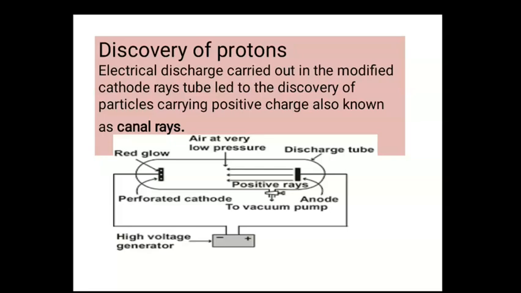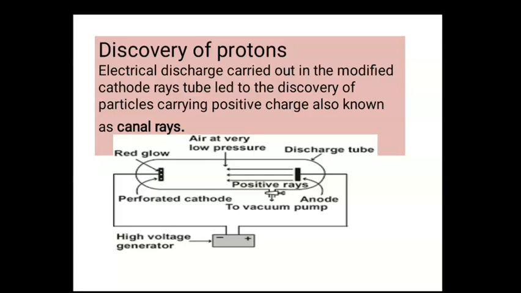These rays consisted of positively charged particles moving away from the anode, and they were named positive rays or anode rays or canal rays. Why were they called canal rays? Since they passed through perforations, through holes which were also called canals, they were called canal rays.